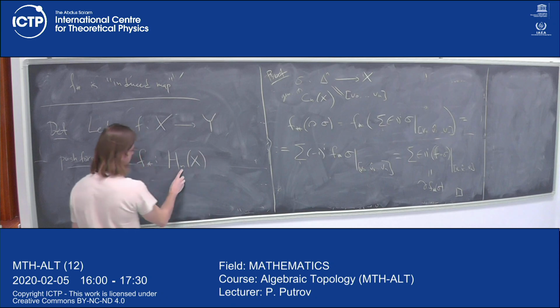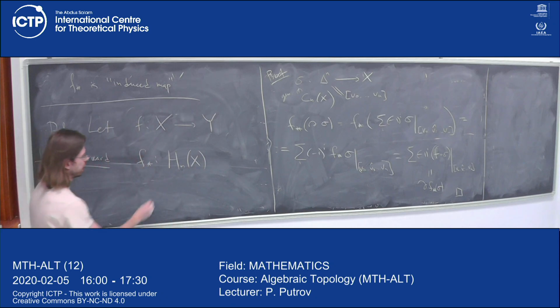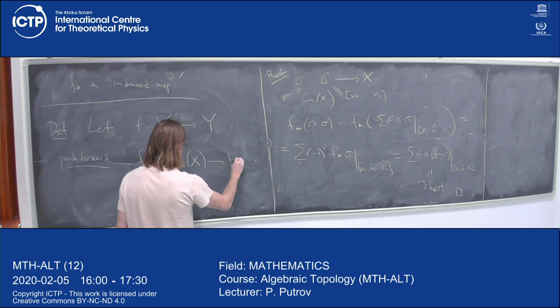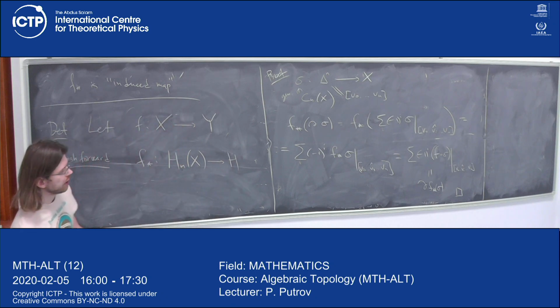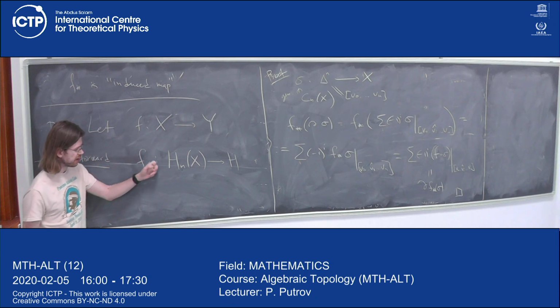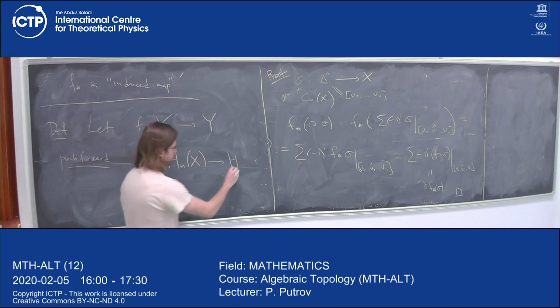And so it's defined for any n. So here again, as for d in the previous proof, I suppress it explicitly. So this was a separate map for each n.